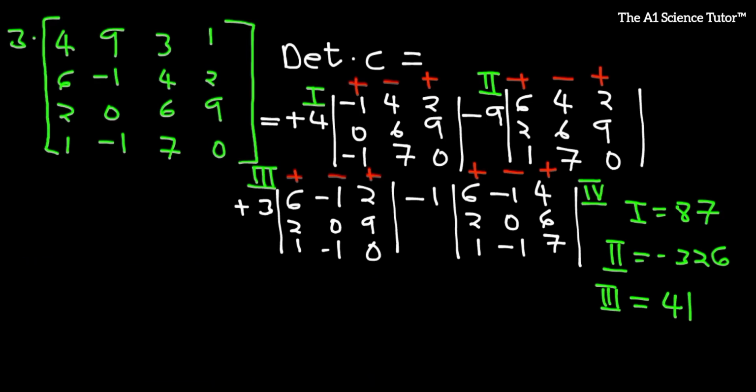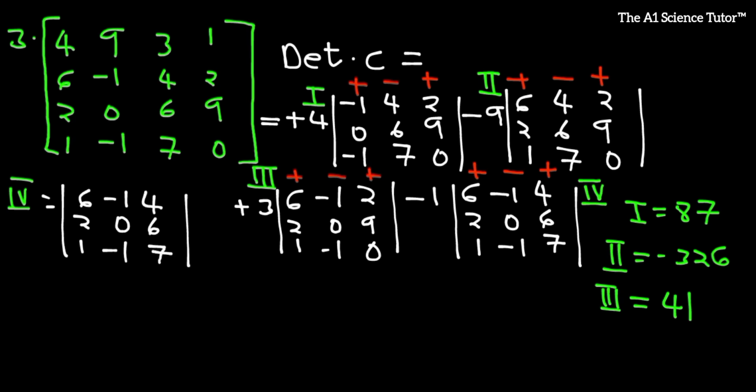Now we're on to the final one, this one. So this is going to be 6, 2, 1, a negative 1, 0, negative 1, and a 4, 6, 7. So this is a plus, negative, and another plus.